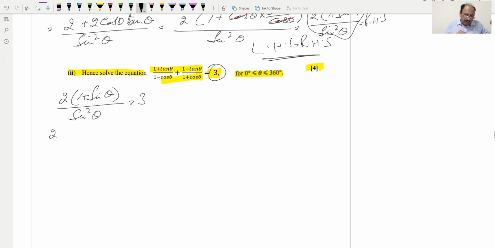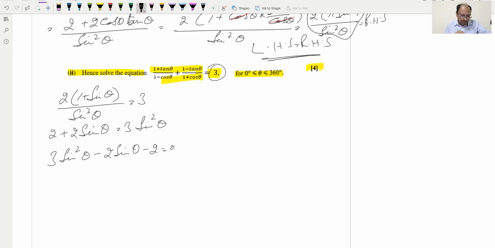So we'll multiply, 2 plus 2 sine theta is equal to 3 sine square theta, so we'll shift to the other side, so 3 sine square theta minus 2 sine theta minus 2 is equal to 0.